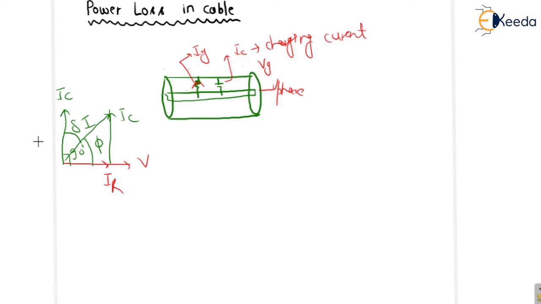If you look at this diagram, you can see tan delta. Tan delta will be equal to IR upon IC, basically the magnitudes. So tan delta is V by R divided by IC, which is V by XC.